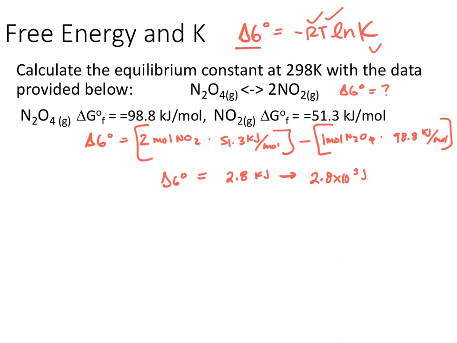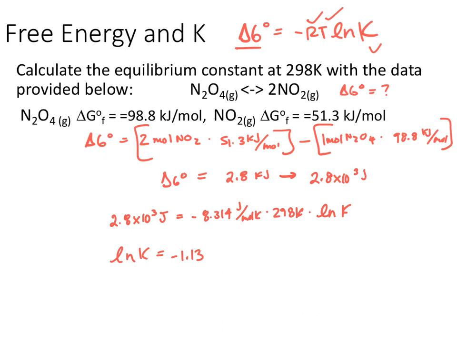Okay, so once we've done that, we're going to go ahead and plug our values in. Okay, so we have our 2.8 times 10 to the third joules. It's going to be equal to minus 8.314 joules per mole Kelvin times our temperature, which is going to be 298 Kelvin, okay, times our ln of K. Okay, if we go ahead and manipulate all of this, basically we're going to end up with our ln of K being equal to minus 1.13.